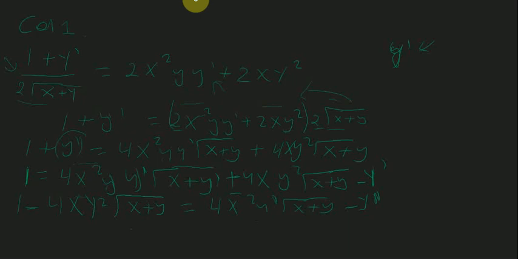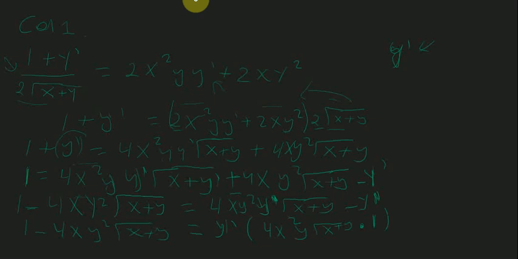So we can say 1 minus 4xy squared square root x plus y equals y prime times 4x squared y square root x plus y minus 1.